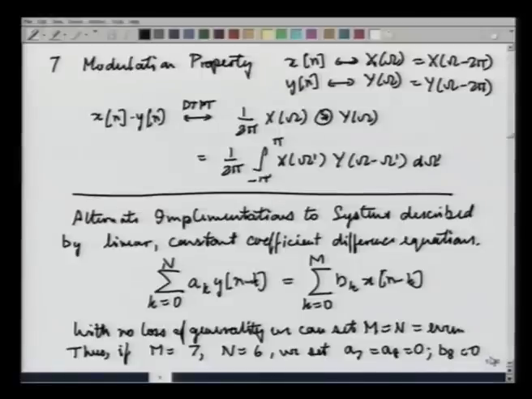We get 8 as the order on both sides of this difference equation.